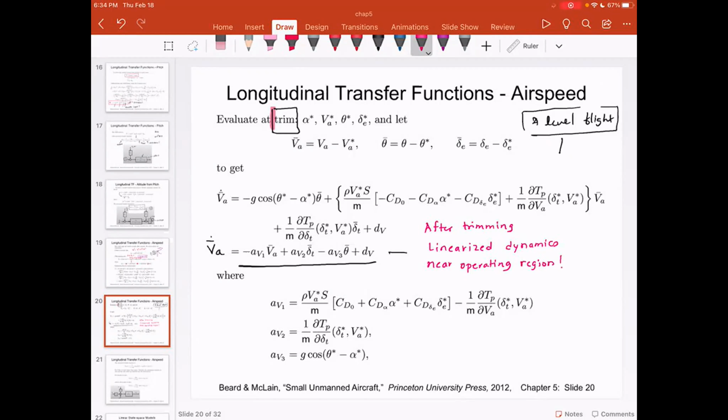We will talk about this trimming in detail, but once again, please watch the videos trim 1 and trim 2 on the canvas. And after this trimming is done, this is nothing but a representation in Jacobian.